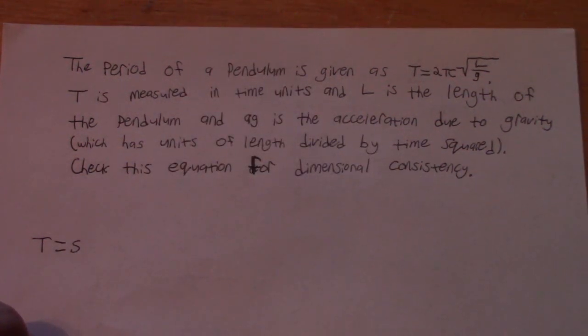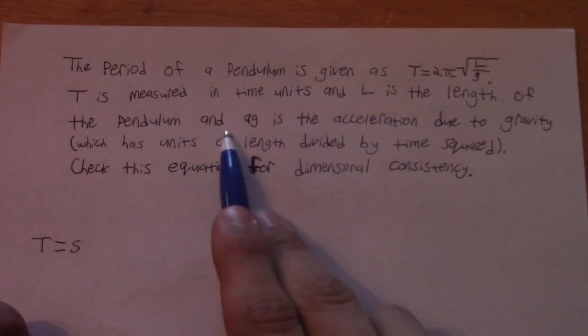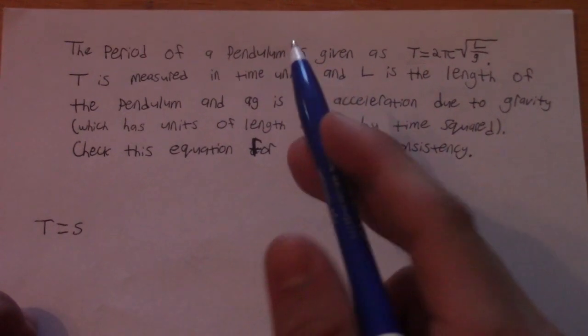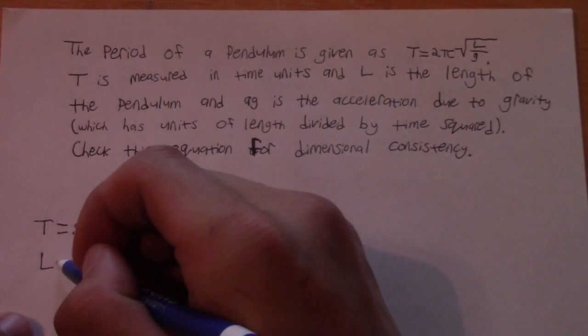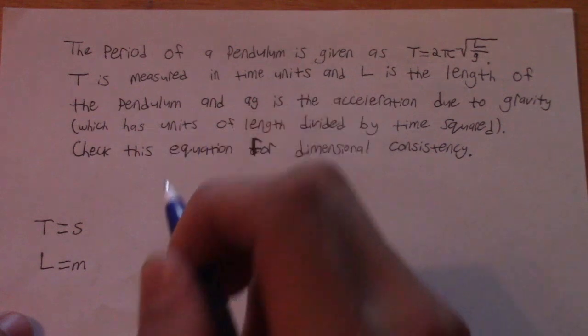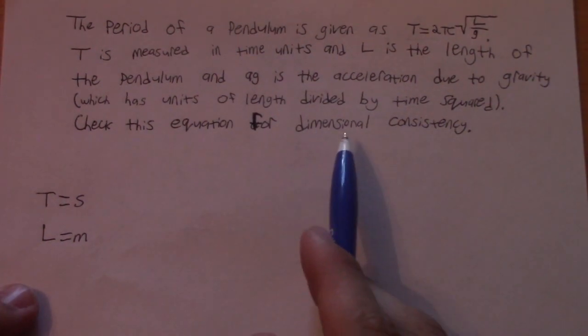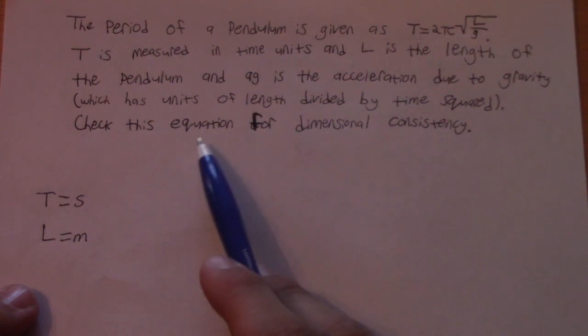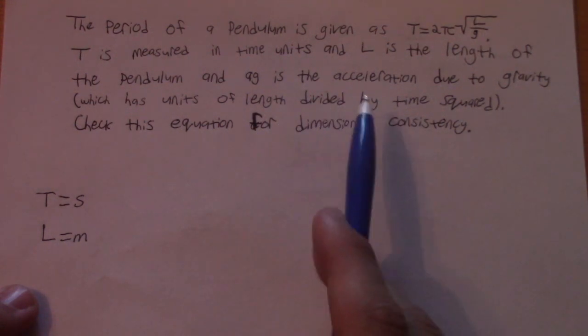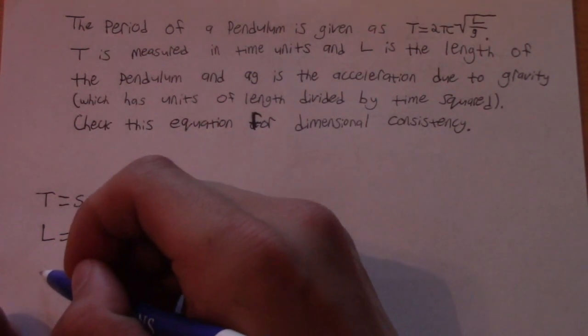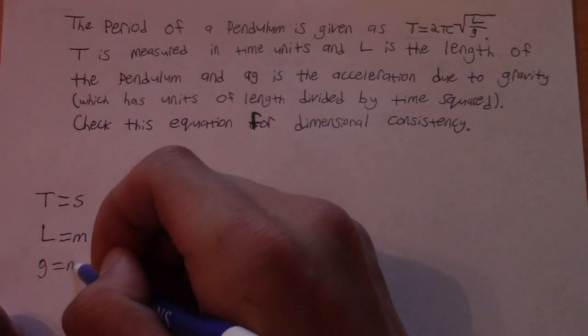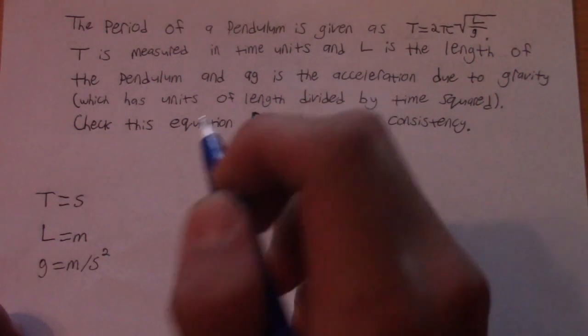L is the length of the pendulum, and the SI unit for length is always meters, so L equals m. And g is the units of length divided by time squared, so g is equal to meters per second squared.